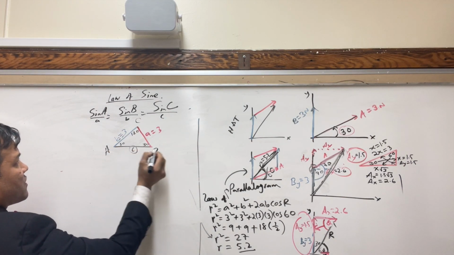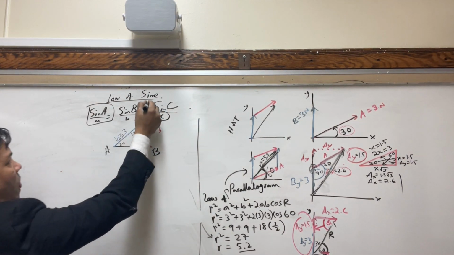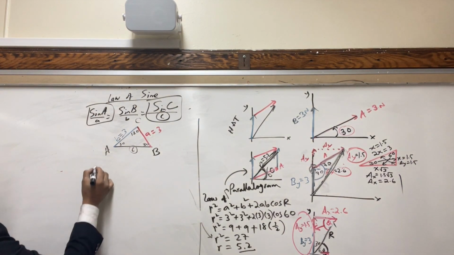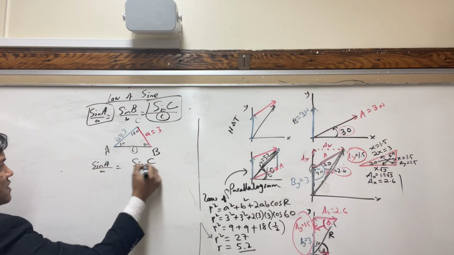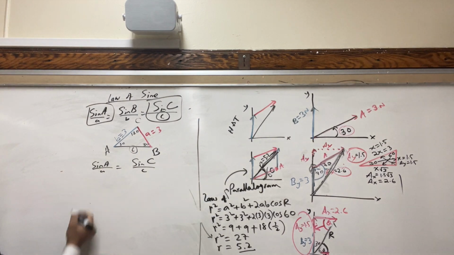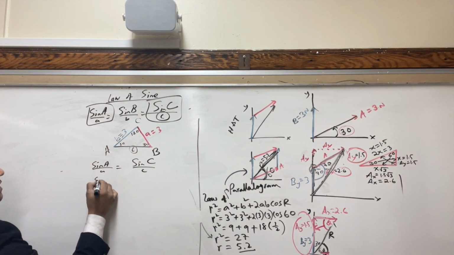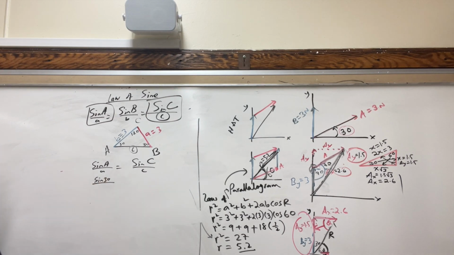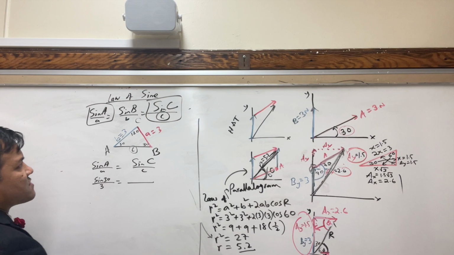It seems like we want to find this side. So we're going to use 2 of the ratios. Sine A over A is equal to sine C over C. So what is sine A? Sine 30 over A, which is 3, is equal to sine C over C. What is sine C?